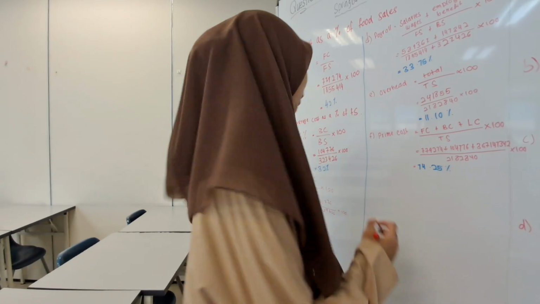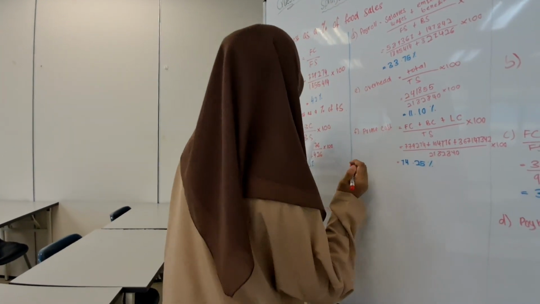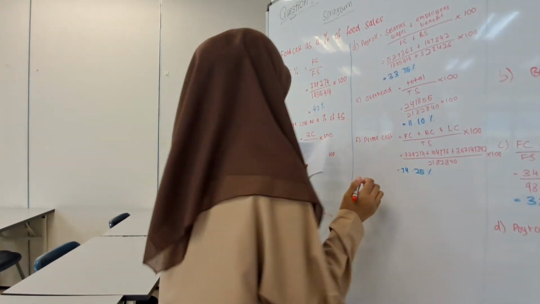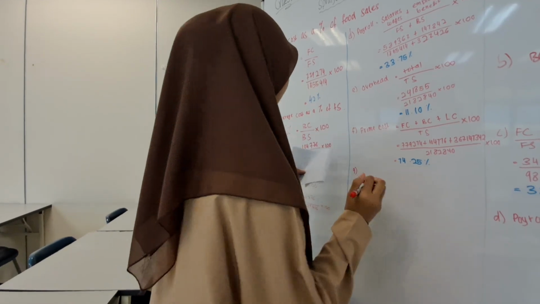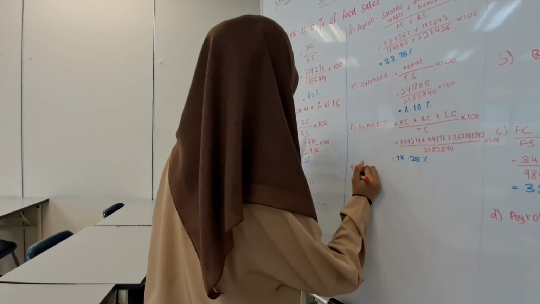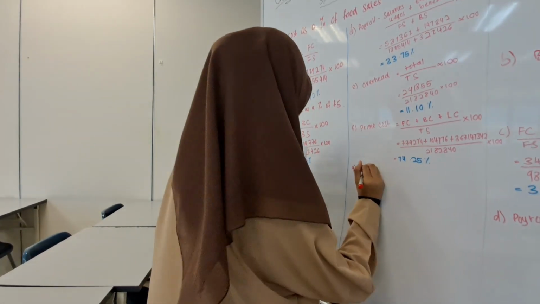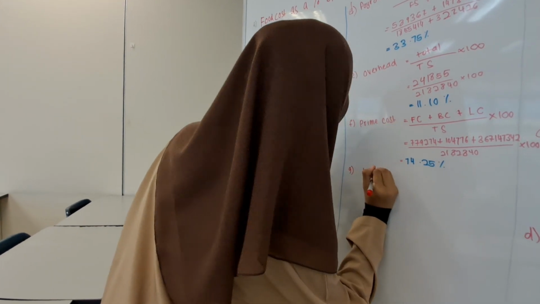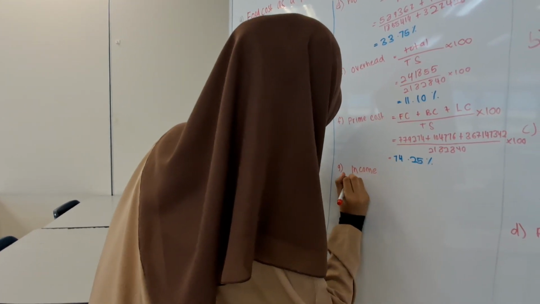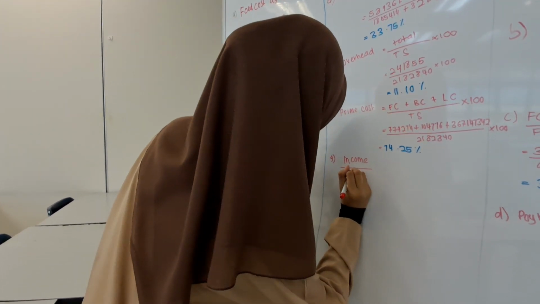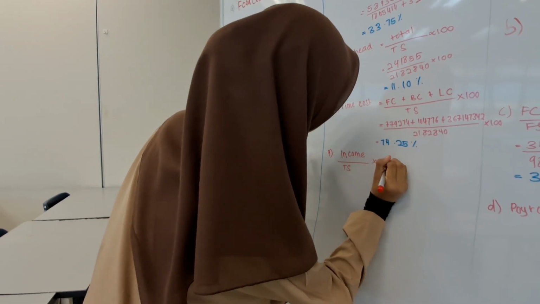So for question G, we need to find a profit before tax as a percentage of total sales. So the formula is income divided by total sales multiply by 100.